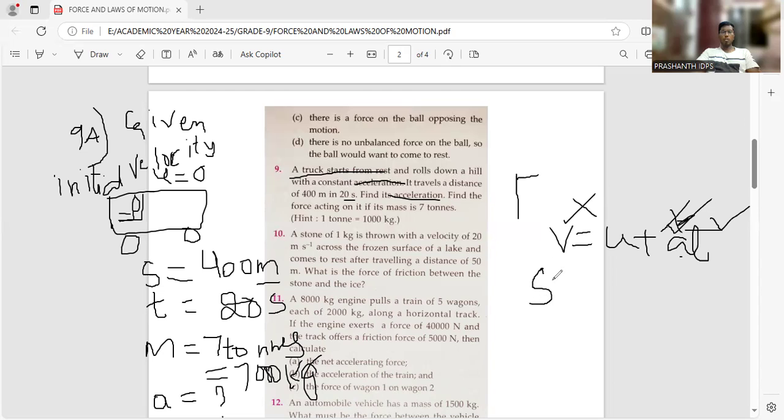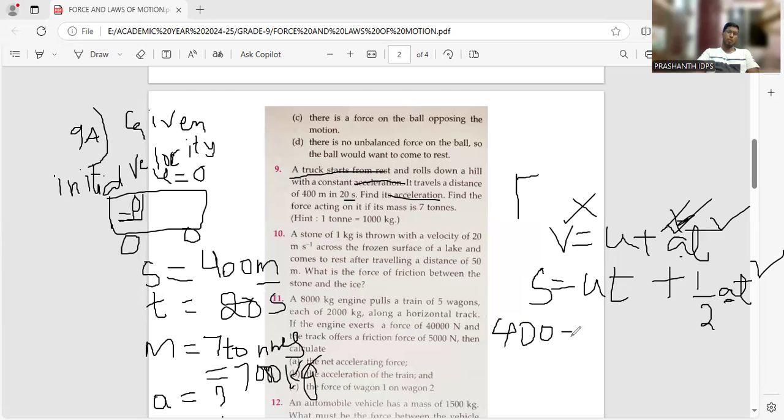So we can take the second equation: s is equal to ut plus half at square. We take this formula. Now you see from this, is it possible to find the a value? First, try to substitute all the values here. Yes, s is how much? 400.